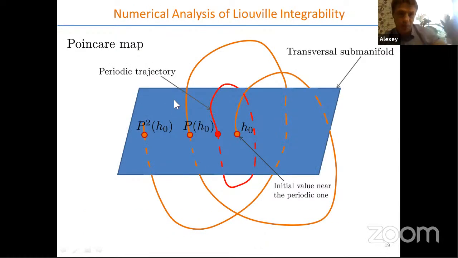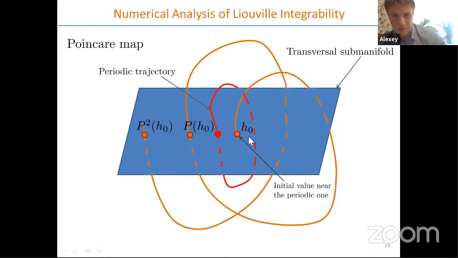Namely, we use the Poincaré map for analysis of integrability. The Poincaré map consists in the following. We need to find the periodic trajectory, and then find a transversal submanifold to this periodic trajectory, shift a little bit and choose the initial condition in a neighborhood of the periodic trajectory, and then compute the trajectory of the Hamiltonian system until the moment it crosses the transversal manifold again, and then the second iteration, and so on.